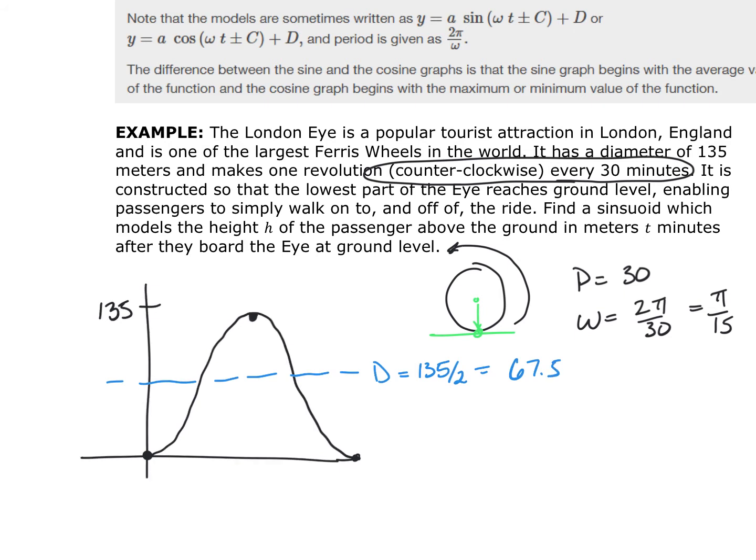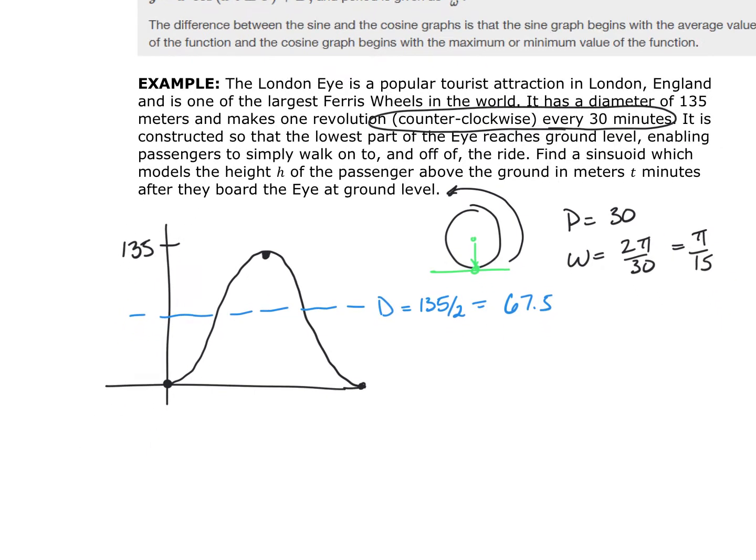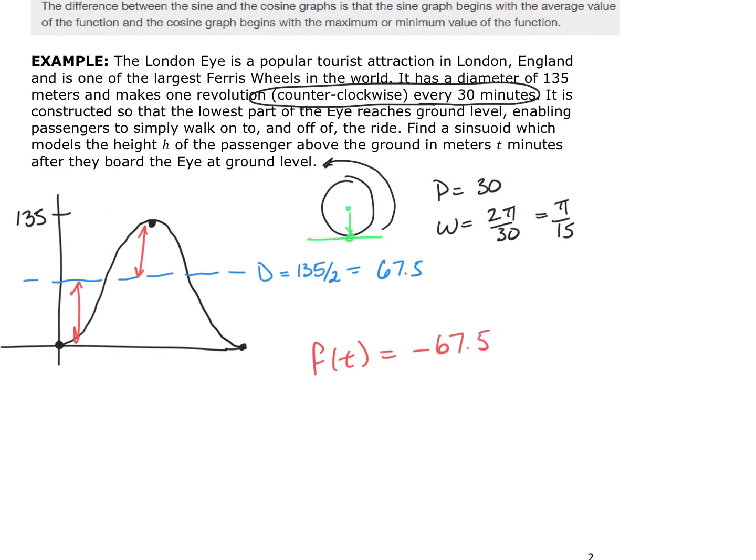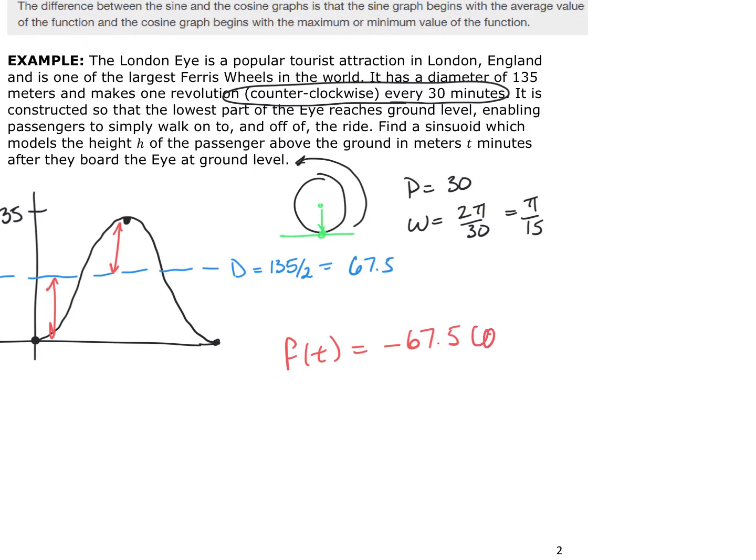Again, I'm going to use cosine because this is a cosine with a negative coefficient. This distance is my amplitude. So I'm going to have f of t is equal to negative 67.5, because that is my amplitude, times the cosine of, I'm not phase shifting because I don't like to do that.